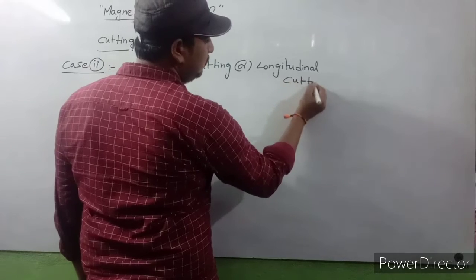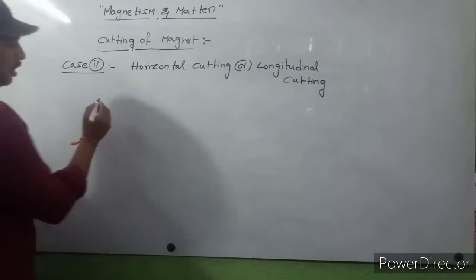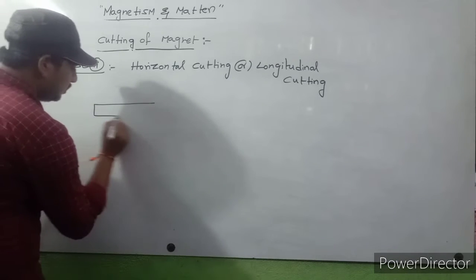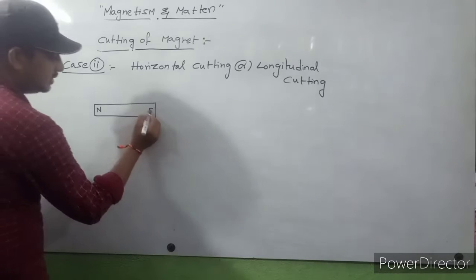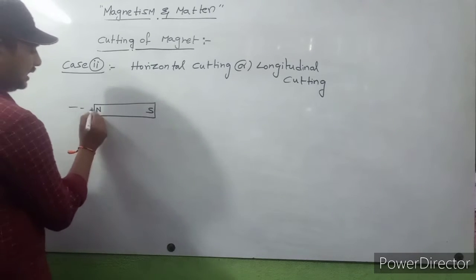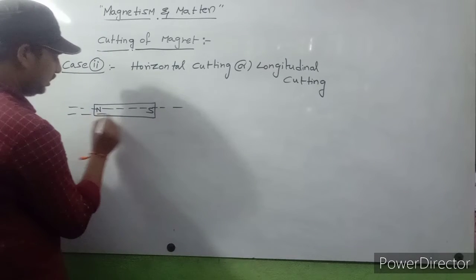Okay, so let us consider a bar magnet. It contains 2 poles, north pole and south pole. It is cut horizontally.